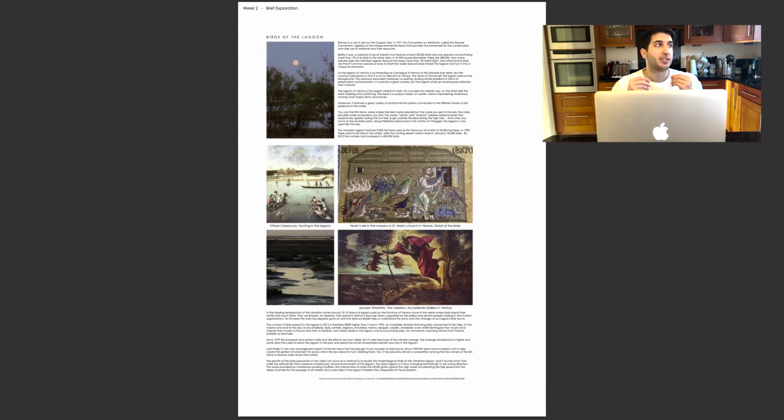The other half, which is in my opinion the most important part, is what's in the water, where's the water coming from, what are the conditions of the water, and how is this affecting the ecosystems within the lagoon itself. And from the research that I've done, the lagoon is actually depleting, species are becoming more at risk, and it's this huge dilemma that Venice is having that needs to be solved.